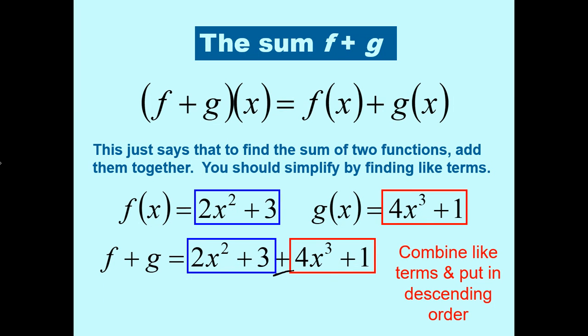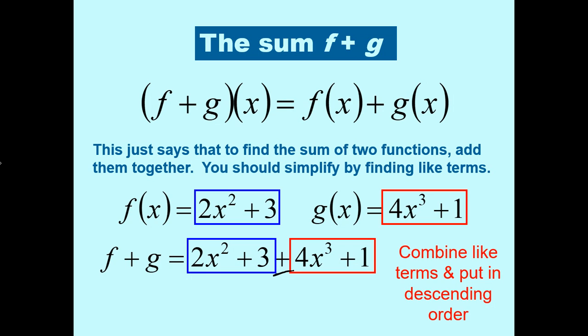So, sa addition po, after po natin masulat po yan ng ganyan, we're going to combine all the like terms. Okay? And don't forget mga anak, dito po sa operation po, na kailangan po yung pinaka-final answer po natin will be arranged in descending order. Okay? From the highest exponent hanggang constant po.